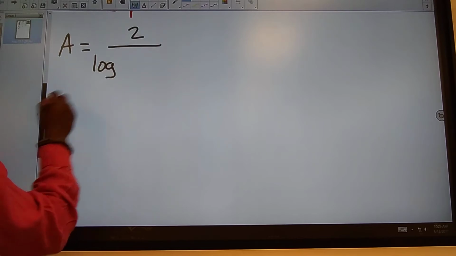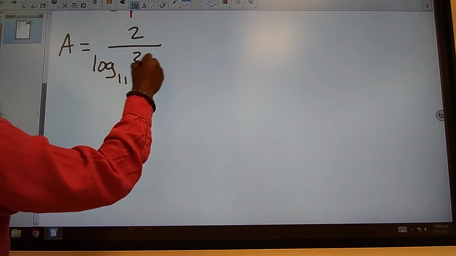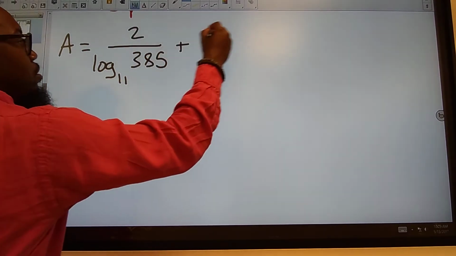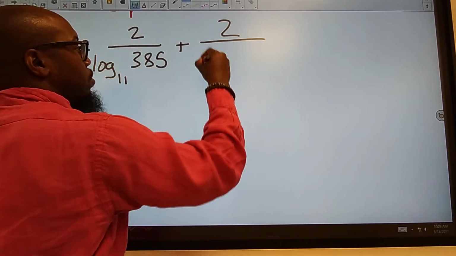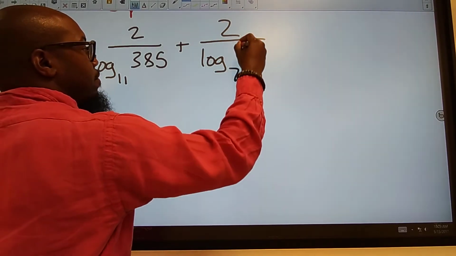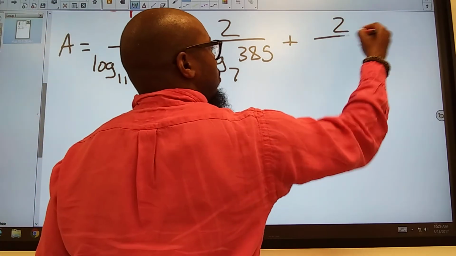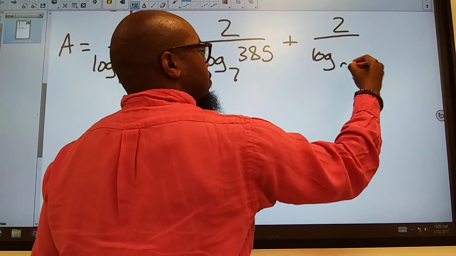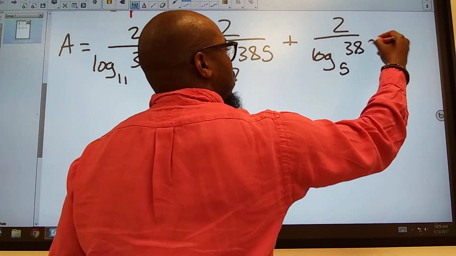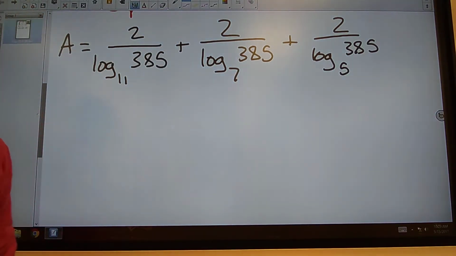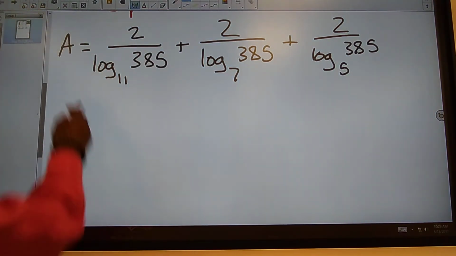Yes, it was 11. Log base 11 of 385 plus 2 over log base 7 of 385 plus 2 over log base 5 of 385, okay. So remember, again, we've got to solve for a.